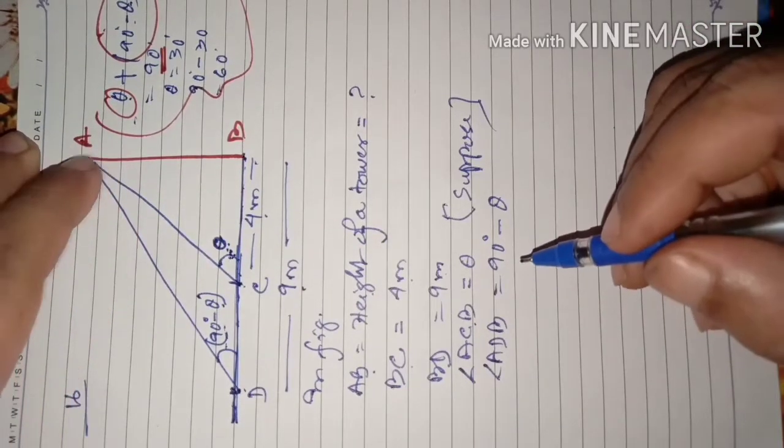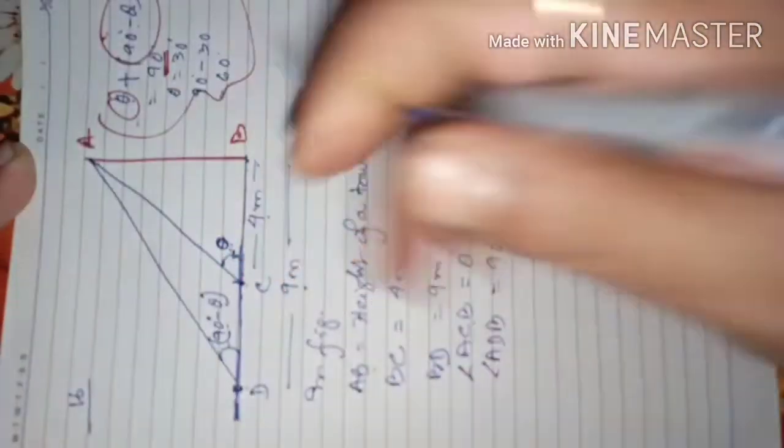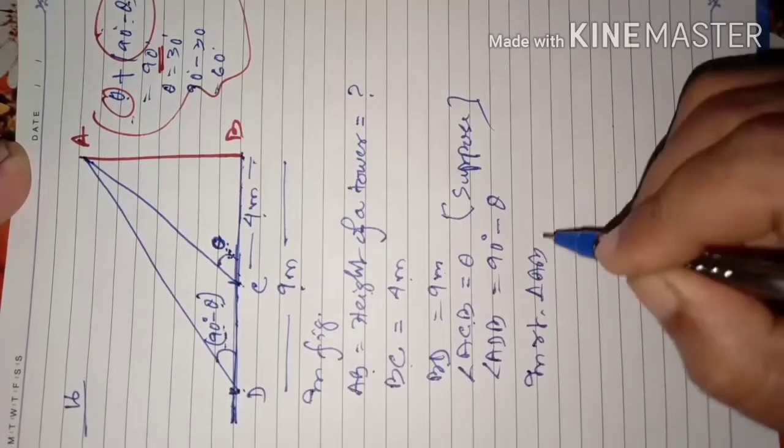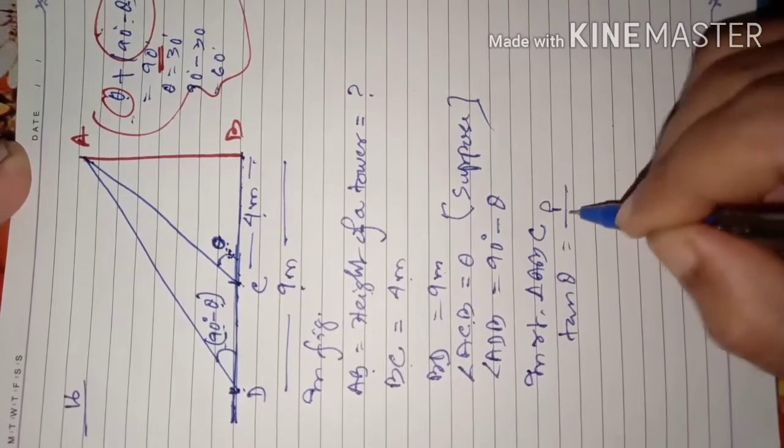So you take the two right triangles, and you have to write twice. First, in right triangle ABC, tan theta is perpendicular by base.